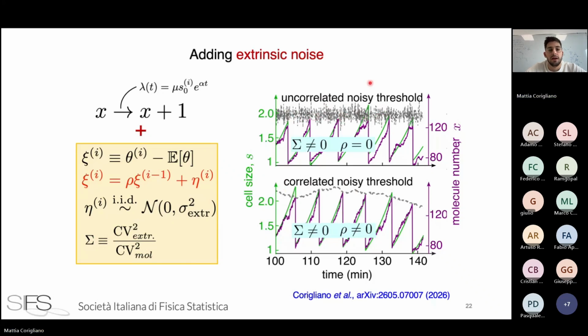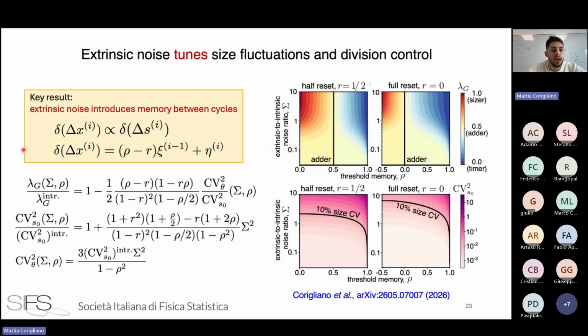Okay. And of course, you can write the master equation, solve the first passage time, and compute the division control and size fluctuation variables. And what is interesting is that if you do the math, you can write these two quantities as their intrinsic values that we just discussed, times a modulation that depends on these two quantities that we introduced.